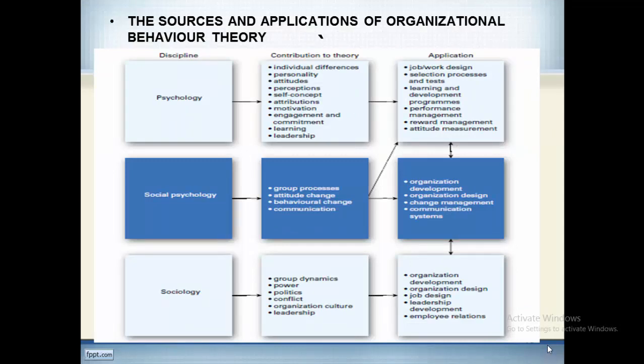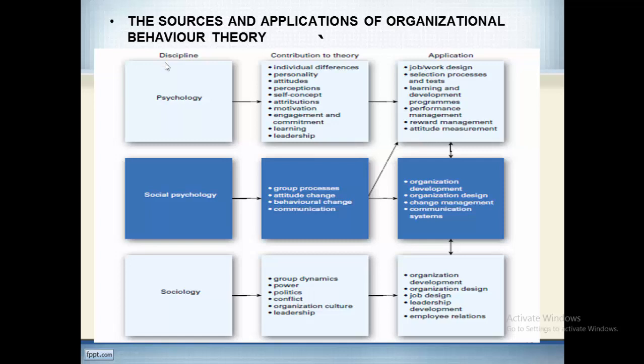The next topic is the sources and replication of organizational behavior theory. This chart shows how the concept of organizational behavior is derived, the fields, the disciplines it involves, the theories from the different fields which are applied in organizational behavior, and the application to the activities in an organization.